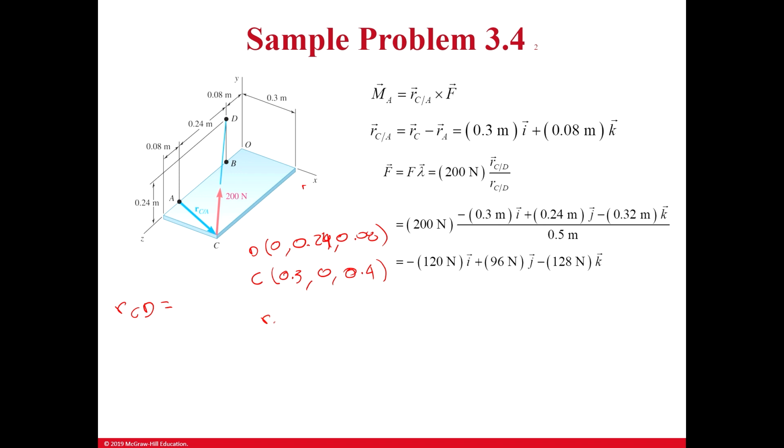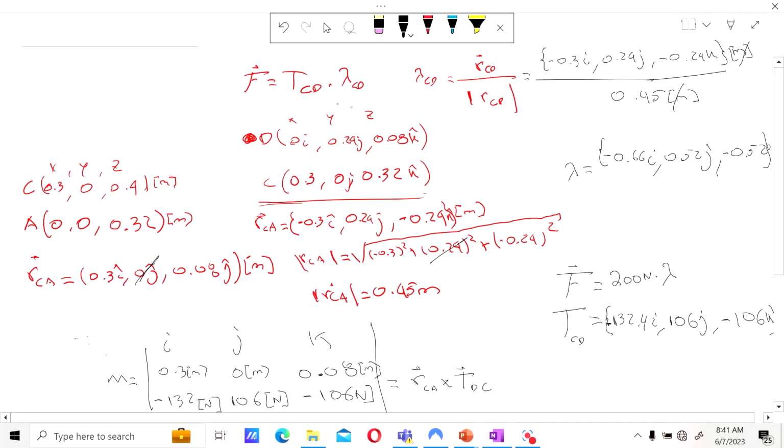So RDC is equal to 0 minus 0.3, 0.24, 0.08 minus 0.4 is negative 0.32. Yeah, this is correct. Okay, well, that means that I have a huge typo here. This is not 24.